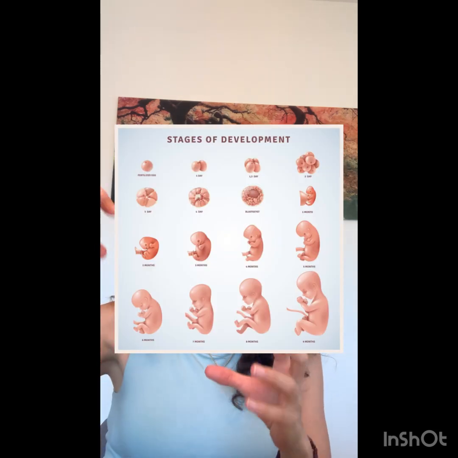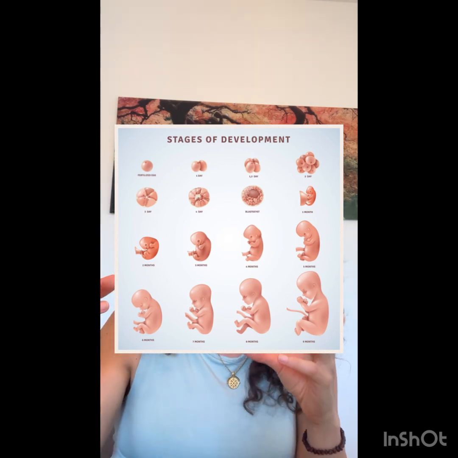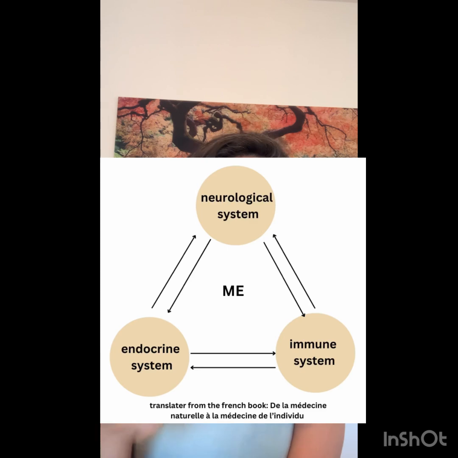So what happens between when we are embryos and the adult phase? Let's check this very simplified diagram. We have the neurological system, the endocrine system, and the immune system. We are here in the middle, connected to these 3 systems.